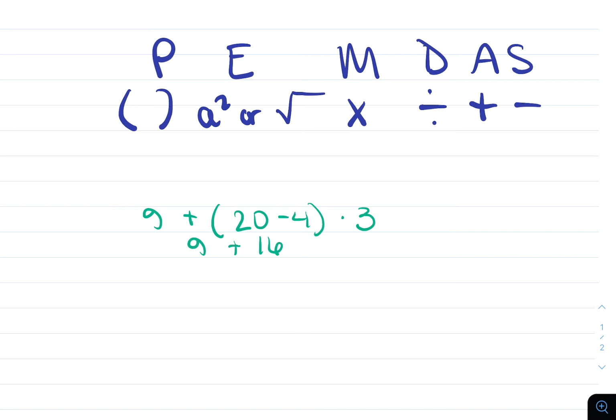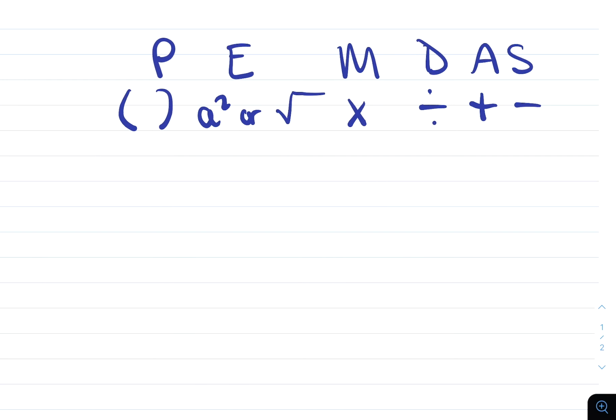Let's bring down our 9 and our multiplication of 3. So now we are going to do the 9 times 3, which gives us 48. And lastly, we have 9 plus 48 equals 57. Okay, let's try another one.